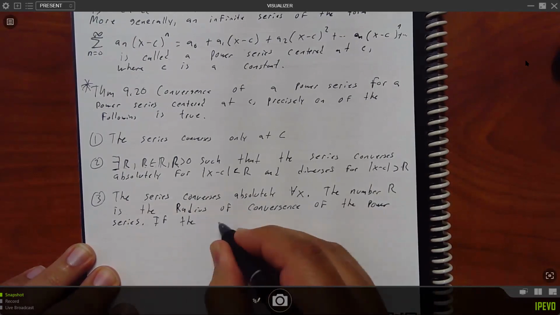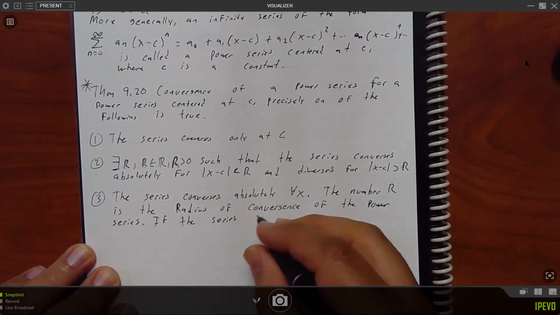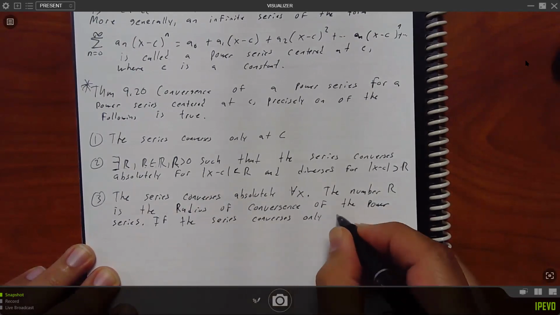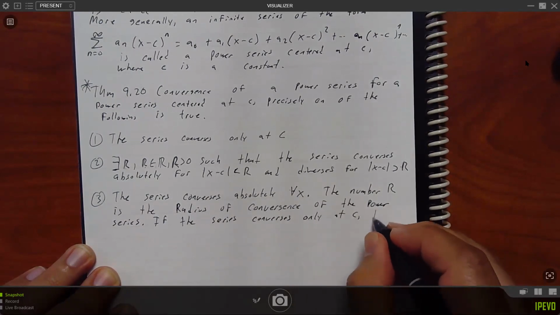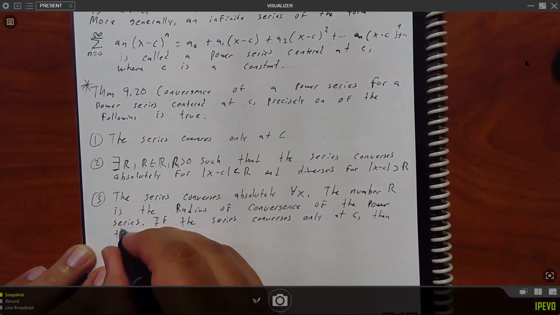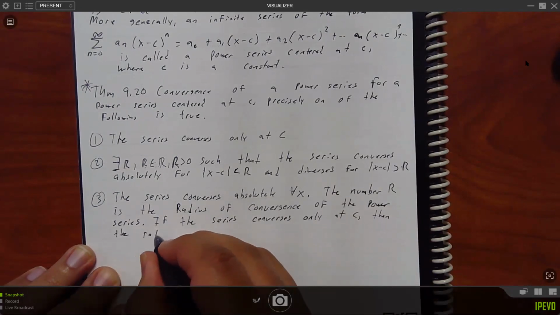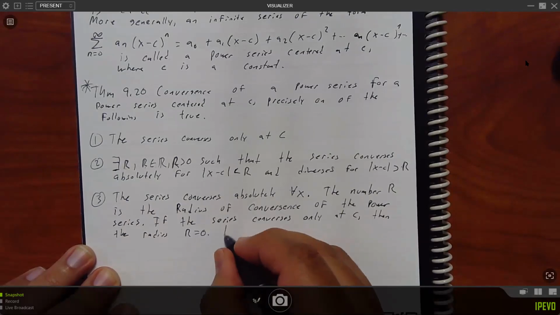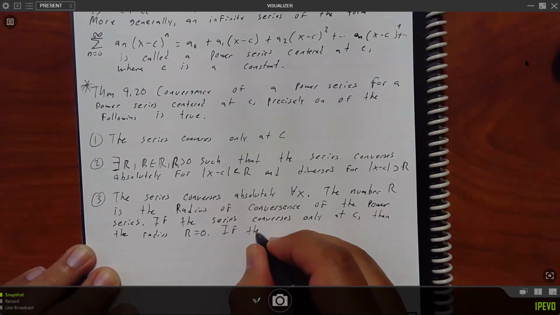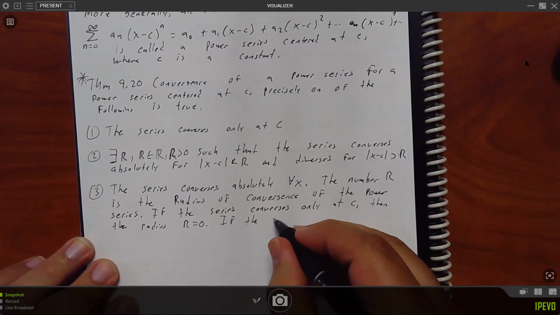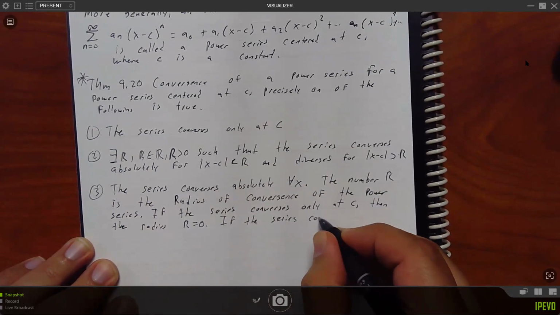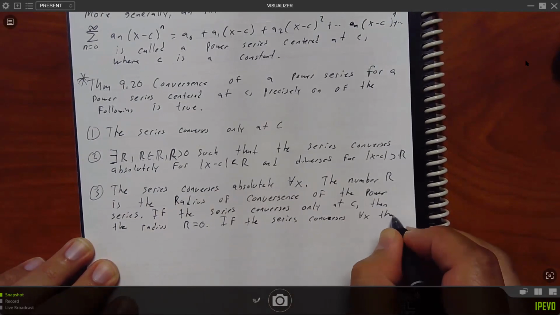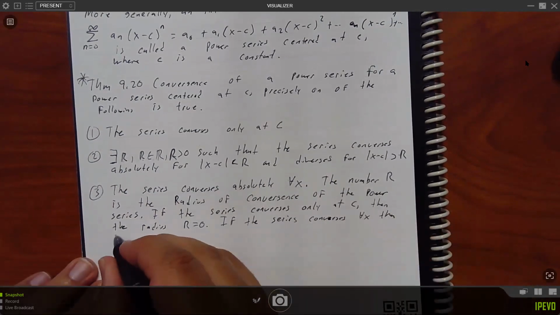If the series converges only at c, then the radius R is equal to 0. If the series converges for all x, then R would be infinite, right?